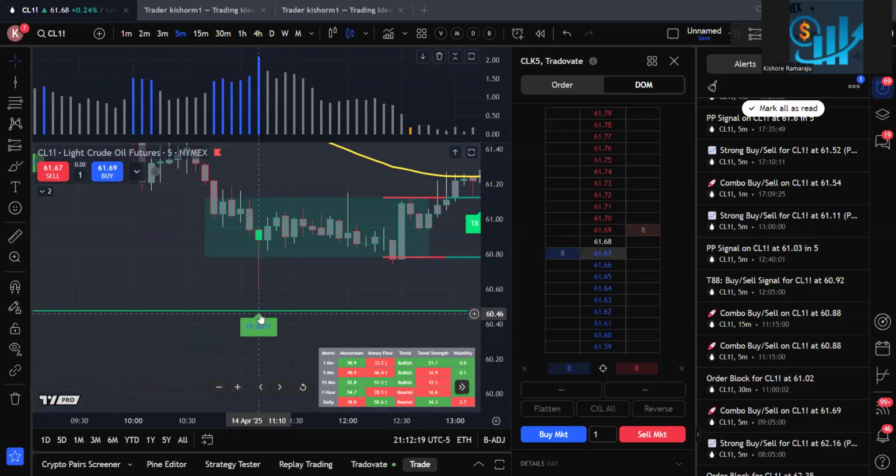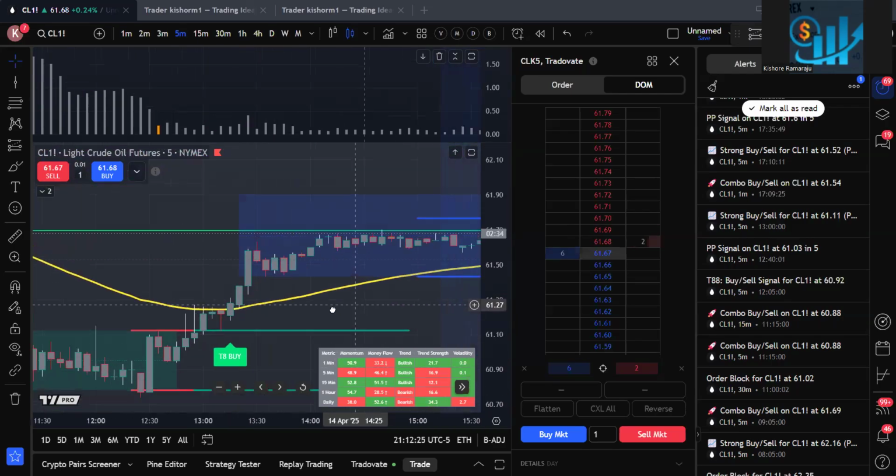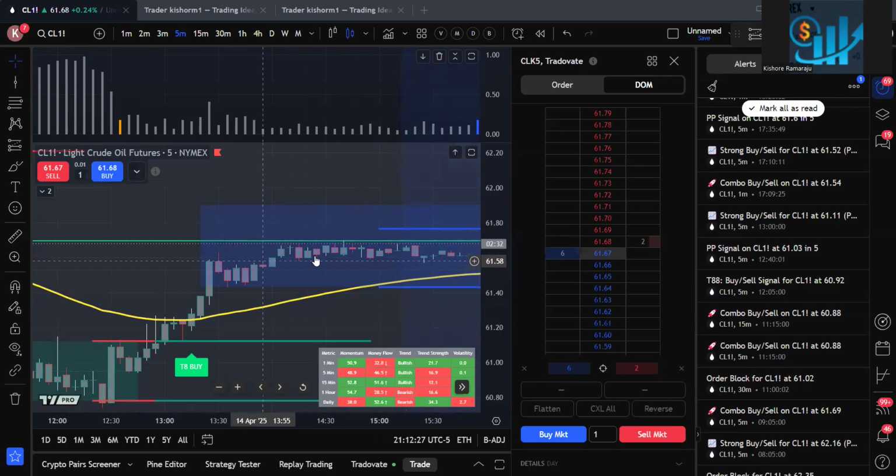This is where I got around 11:10, from 60.88. It went all the way to nearly 61.5.